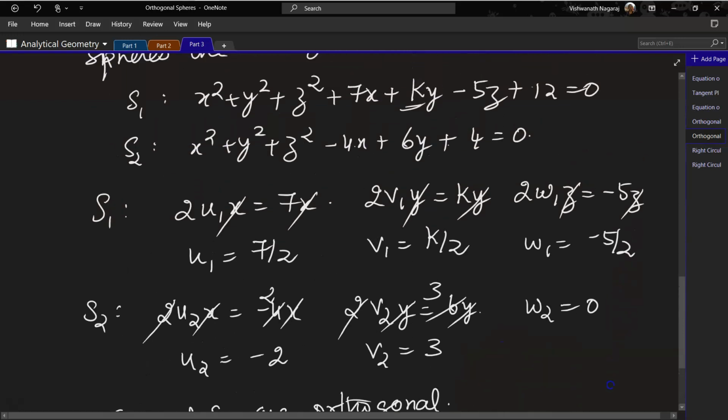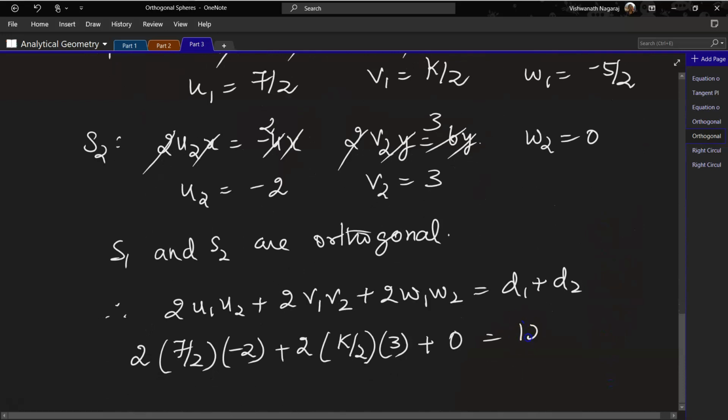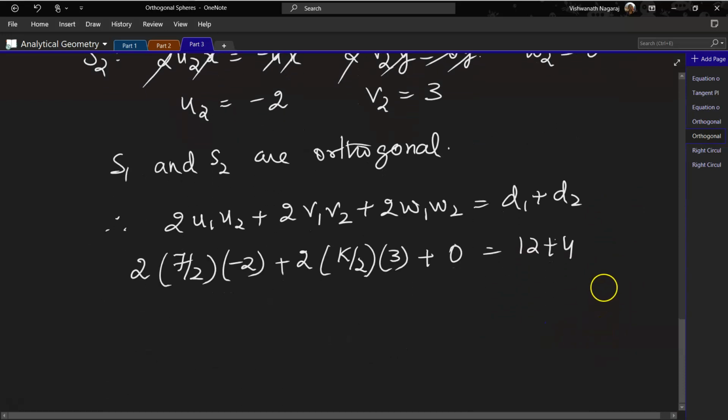And d1 plus d2 is what? d1 is 12 and d2 is 4. So 12 plus 4. So which implies 2 cancels, 2 cancels.